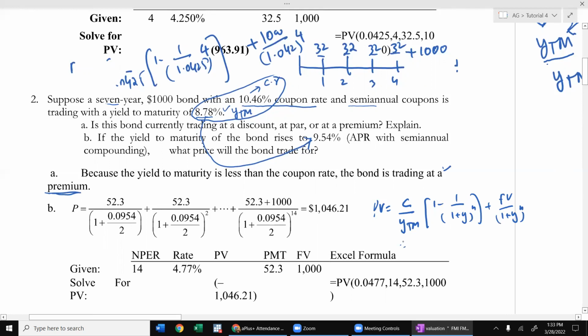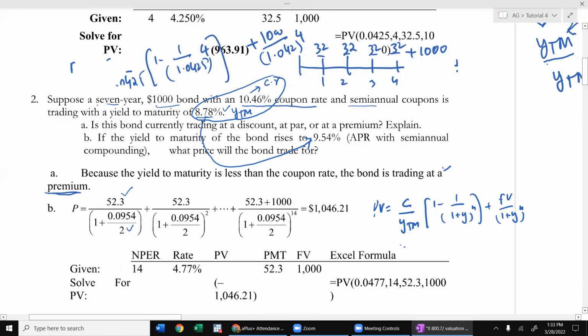Okay. Coupon payments are semi-annual. So 1000 multiplied by 10.46% will give you, you can do the calculation, whatever is the amount, you divide by 2, you get 52.3. And this 9.54% will also be divided by 2 because semi-annual.